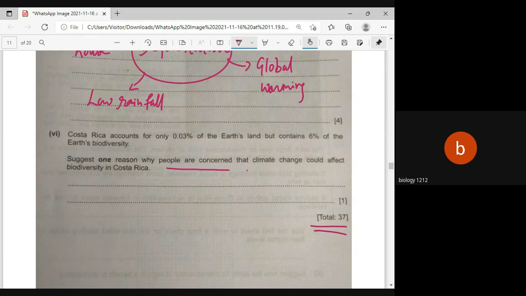What can you mention? You can mention deforestation, because population increases. You can mention any one of those things. As you have seen in the first question, population is increasing, 79 percent in 2019, so it goes on increasing. If population is increasing, definitely they have very little land area.